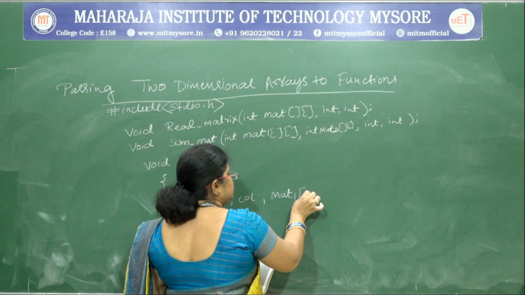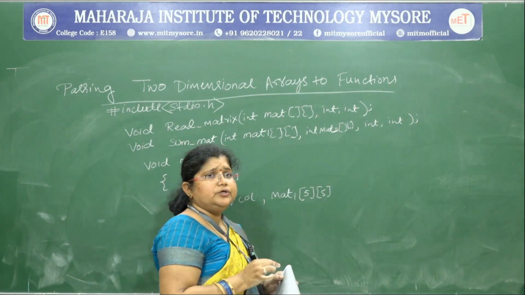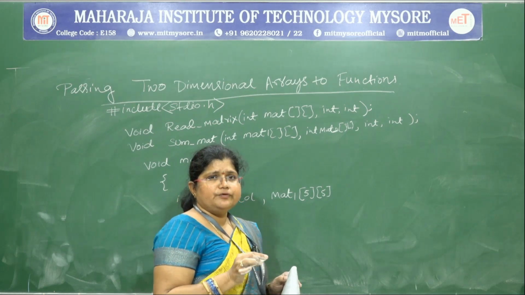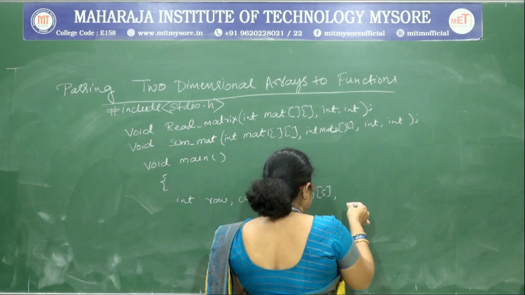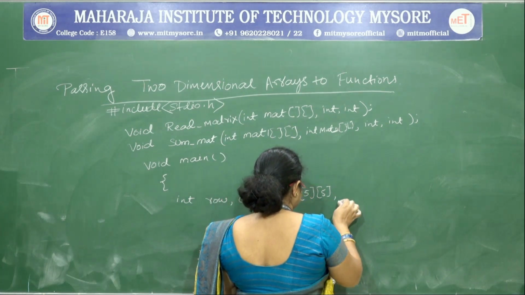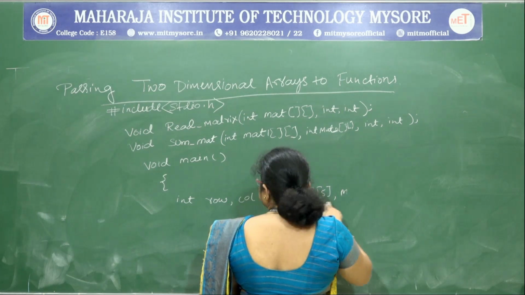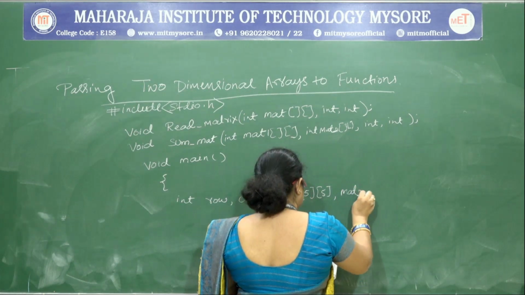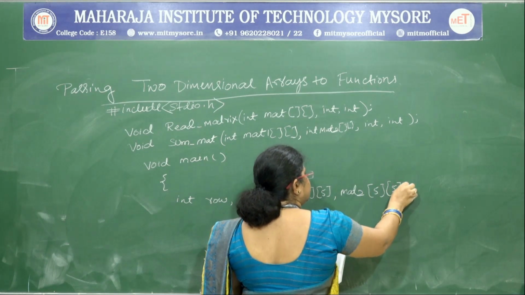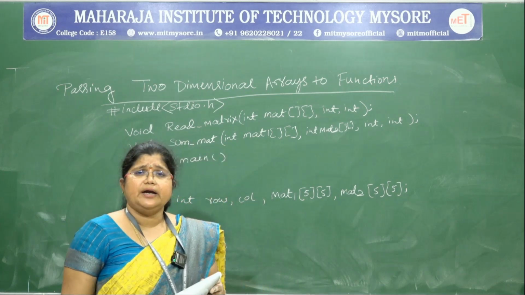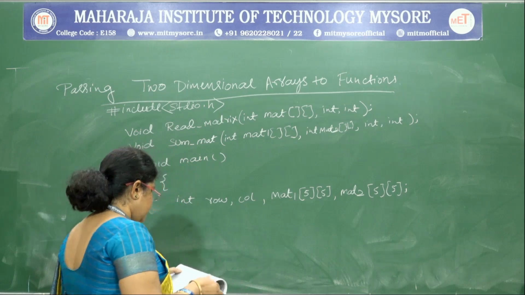Matrix 1 of size 5 by 5, so 25 data elements can be stored in matrix 1. In the same manner, int mat2, also 5 by 5, because whenever we perform addition, both matrices must have the same number of rows and the same number of columns.